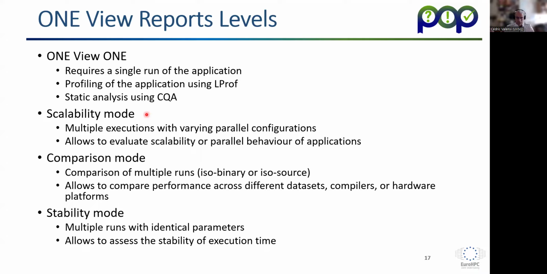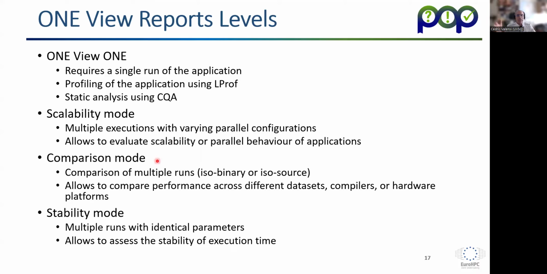We can also change the parallel configuration: what happens if we run on one node, two nodes, etc. And then OneView is able to perform all these runs and present results side by side, along with an estimation of the parallel efficiency. So this gives insights on how the application scales when we change its parallel configuration.